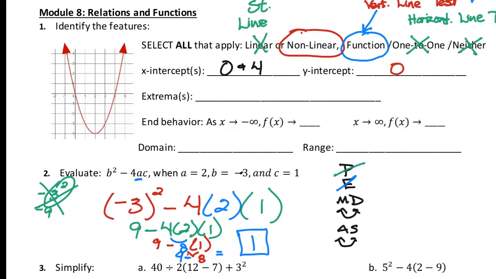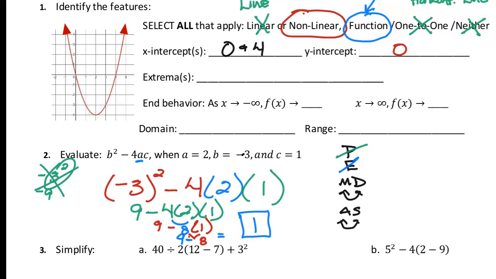Extrema. That means where are your highest points, your lowest points? Yeah, you have a low point right here, your minimum at 2, -4.